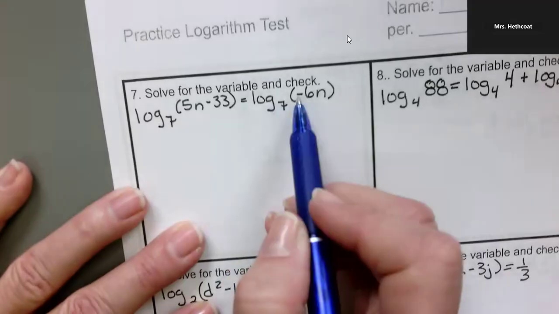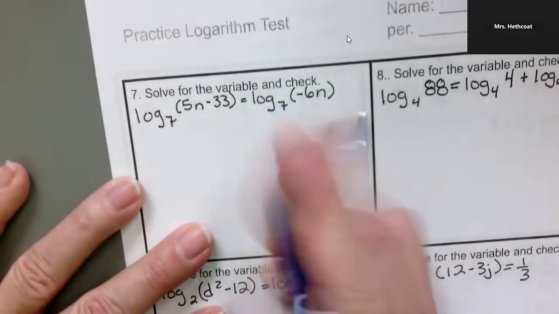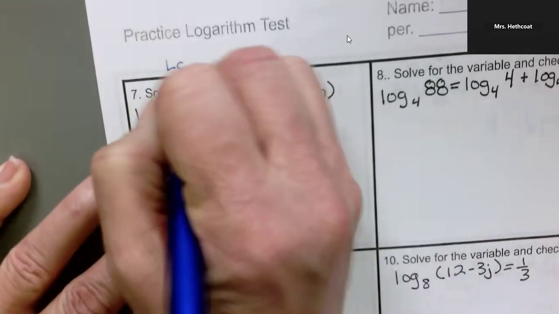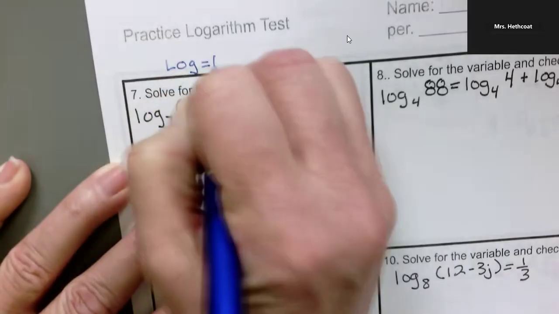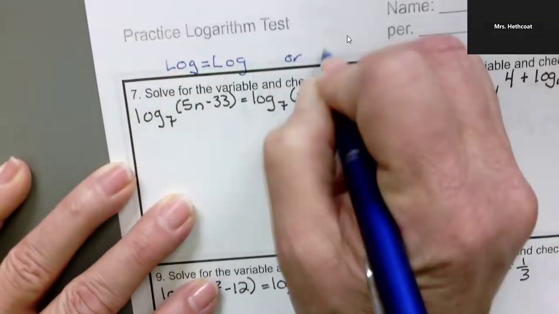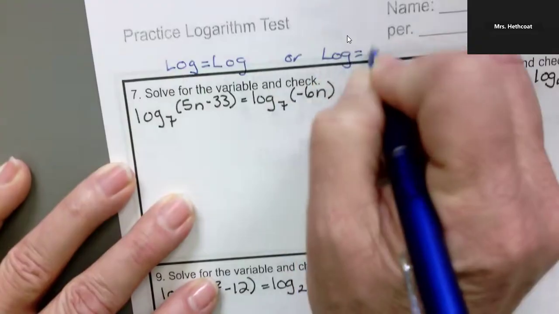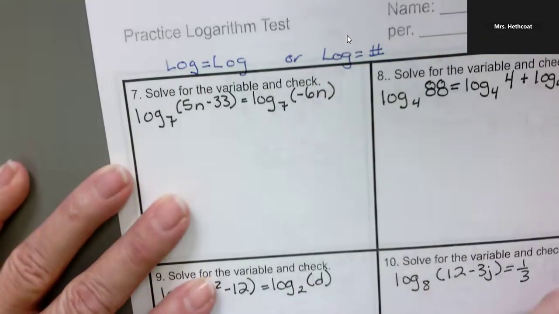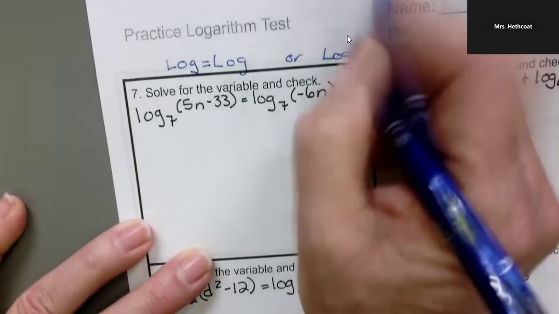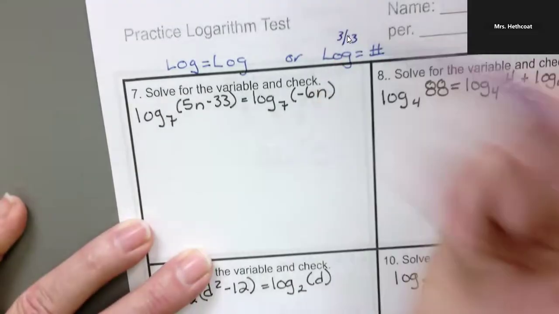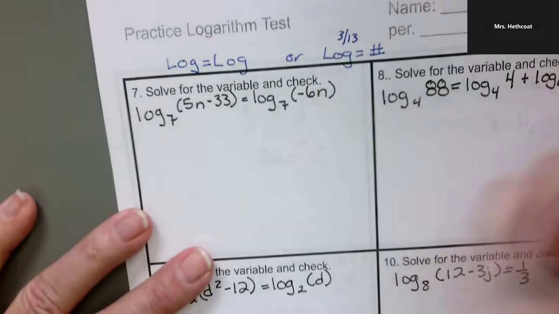Now, all of these are solved for the variable in check. So these are in our notes where we did notes on log equals log or log equals number. We did this one on Friday the 13th, so if you don't know those notes, you should watch that video if there is one.